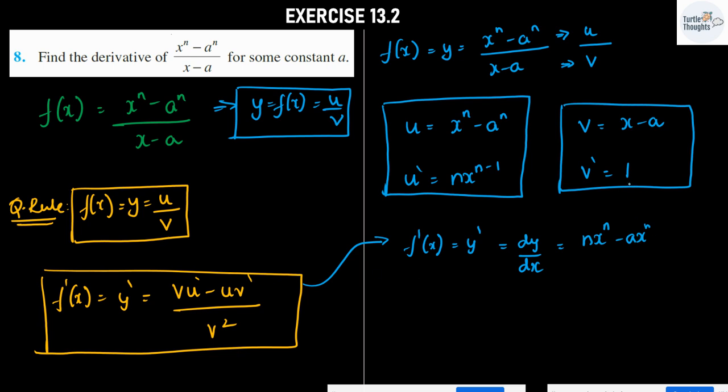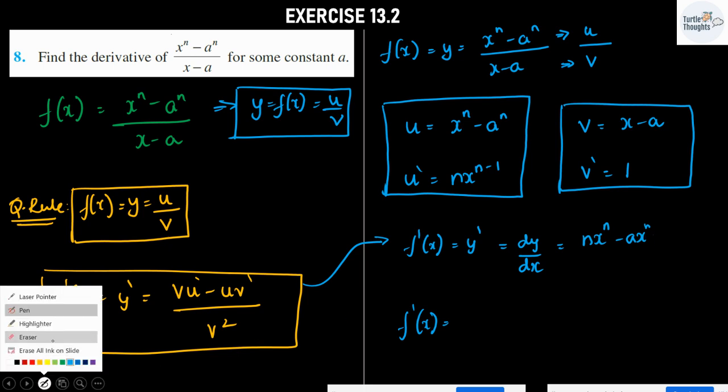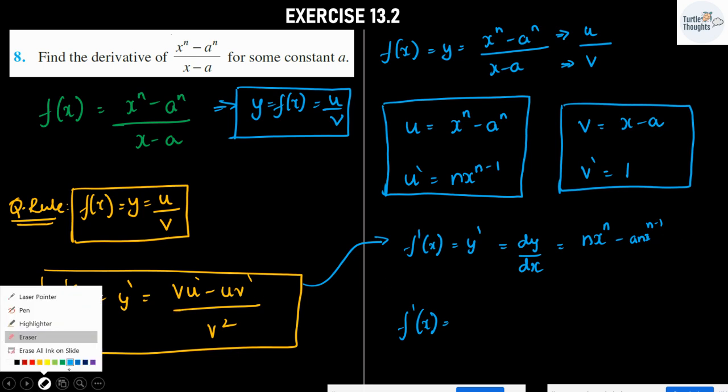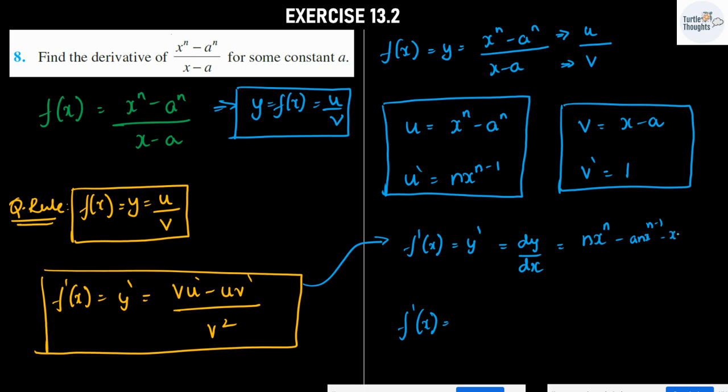Anyway, this is multiplied by 1, so the final answer dy by dx is going to be equal to a n x to the power n minus 1 for this, and minus 0 over here, minus x to the power n plus a to the power n, whole divided by x minus a, which is the value of v, whole square. When I substitute, this is going to be the answer.